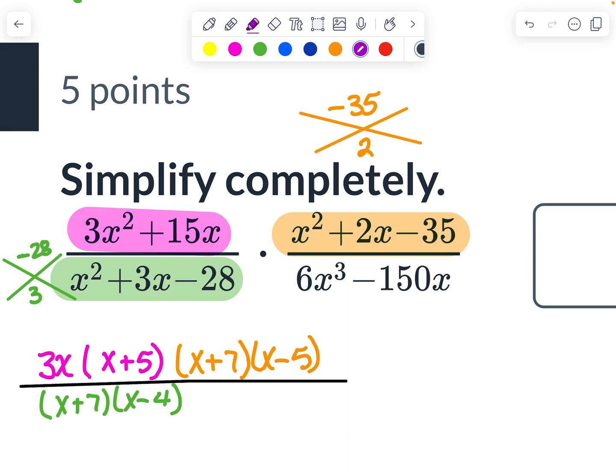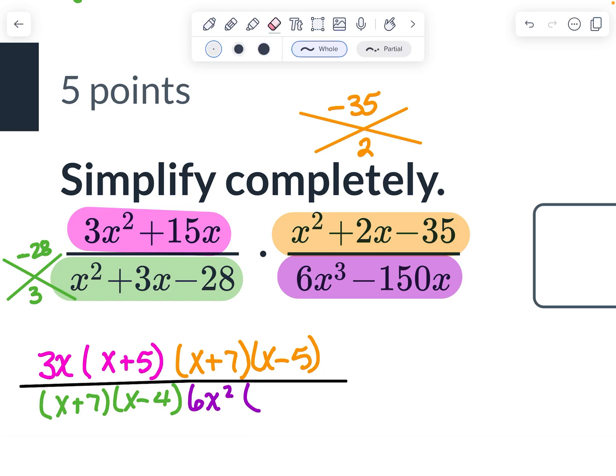And then we look at the next denominator, and we look for a greatest common factor, and they do have one. The greatest common factor would be 6x squared, and that would leave us, I'm sorry, not x squared, my bad, just 6x. So the greatest common factor is 6x. That will leave us an x squared minus 25.